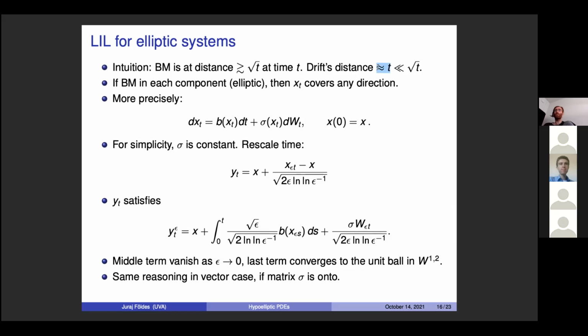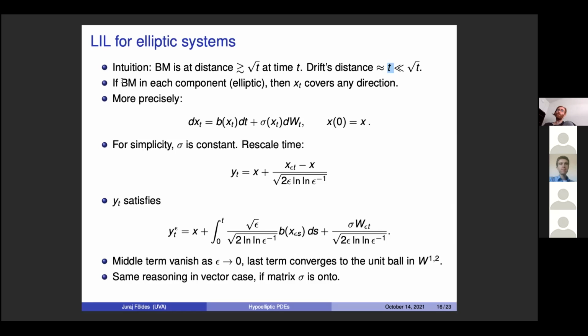So the drift carries you at time t to a distance t, while the Brownian motion drags you to a distance square root of t. Now, square root of t is much, much bigger than t. So the diffusion is the winner for short times, and it's going to kill the drift.